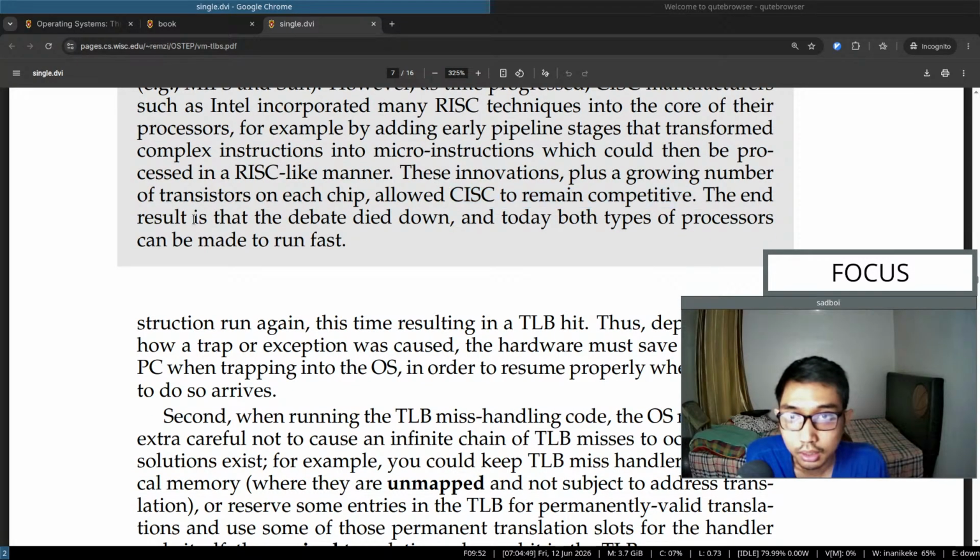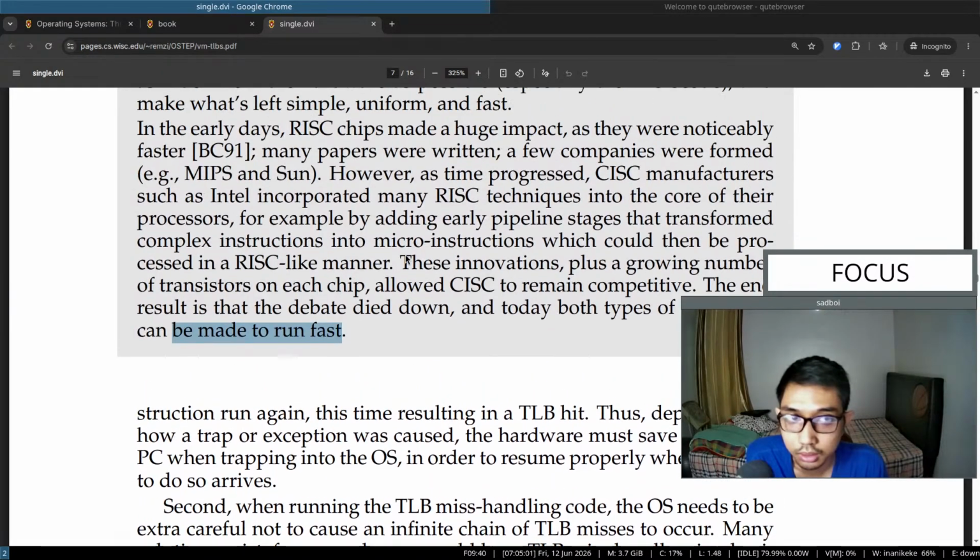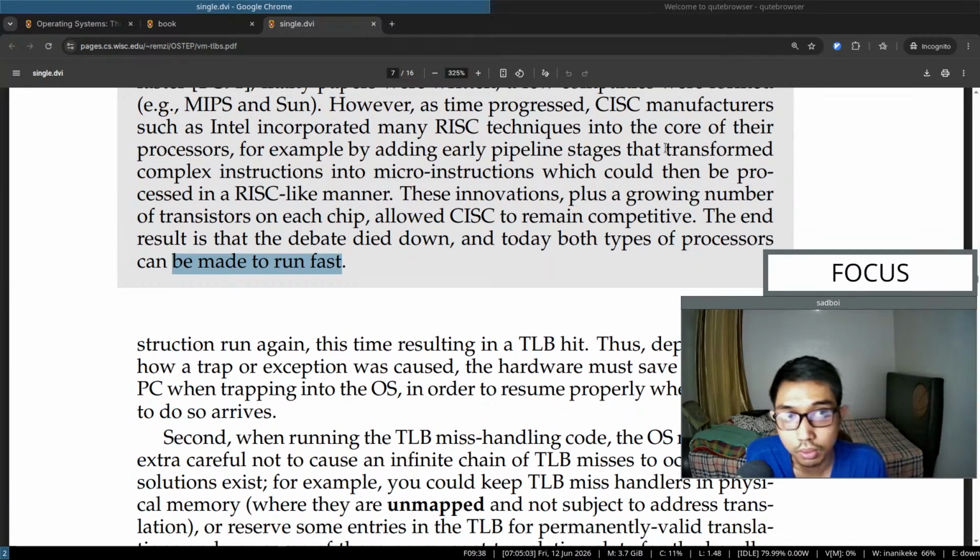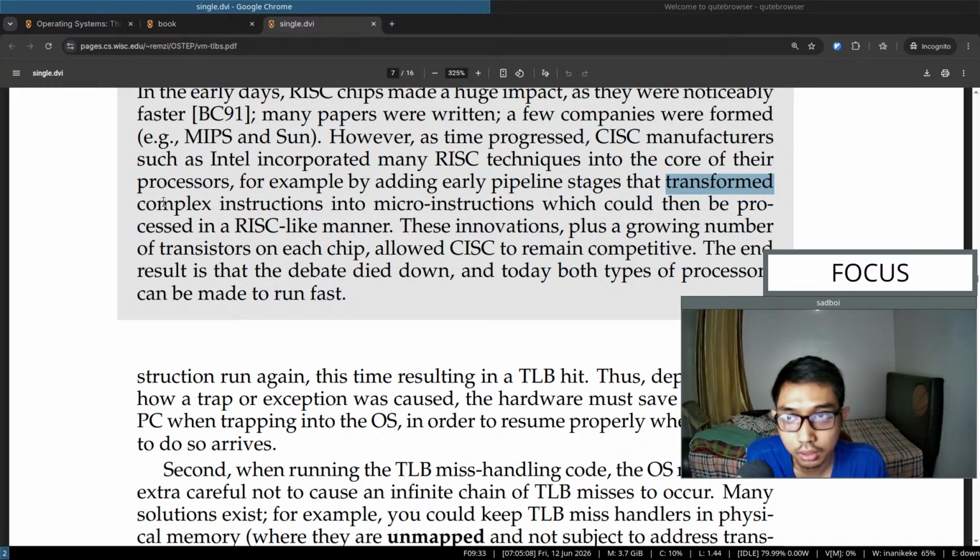The end result is that the battle died down and today both types of processor can be made to run fast. Okay. So even when CISC has the transformation phase from complex instruction into micro-instruction, it can still run fast. That is fascinating. How did they do that? I am curious.